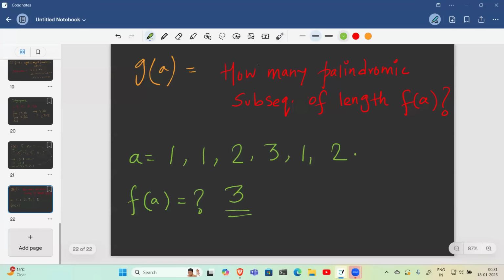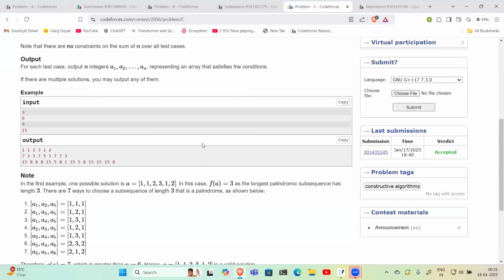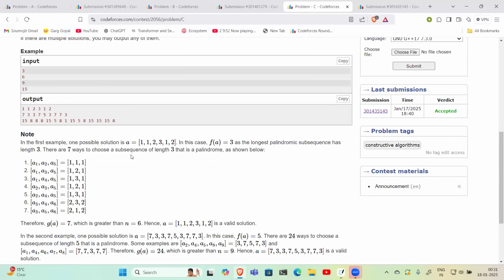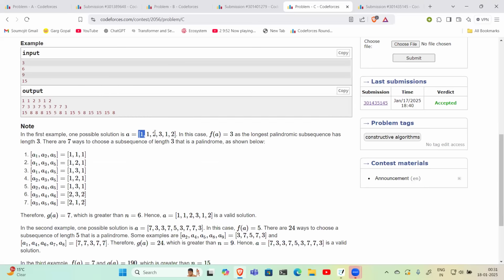Now, what is the value of g of a? The value of g of a is nothing but the number of palindromic subsequences of longest length which you can find here. So look here. They have explained this question nicely. You have this array 1, 1, 2, 3, 1, 2. The value of f of a is 3. And there are 7 ways to choose a subsequence of length 3.